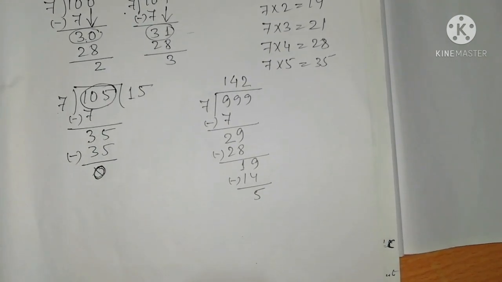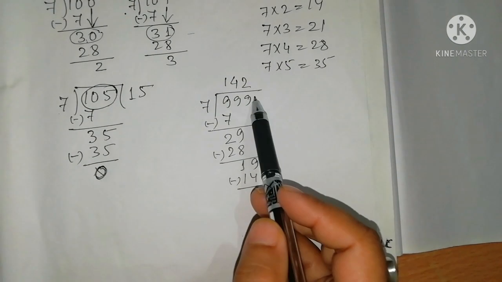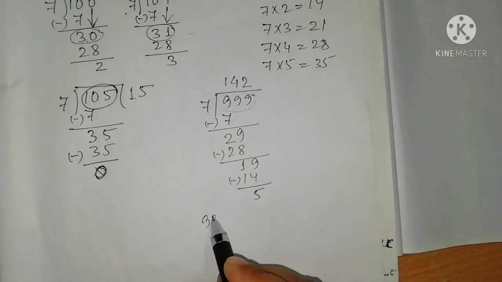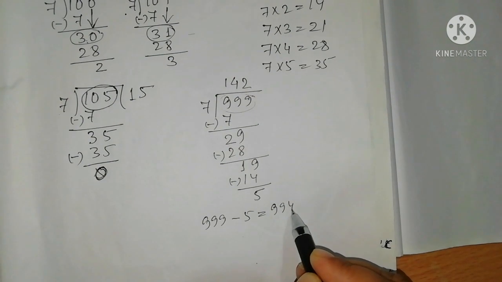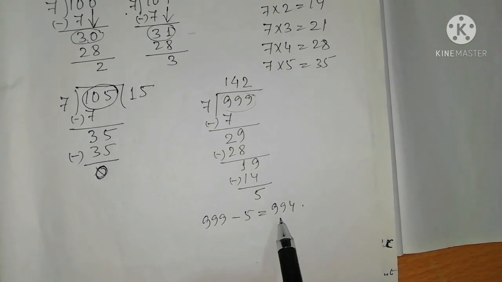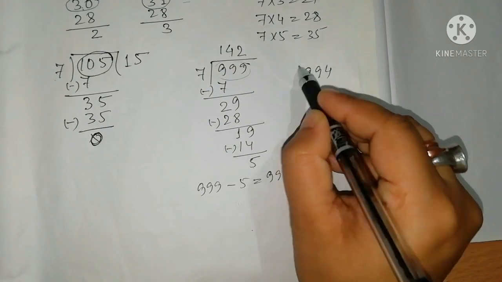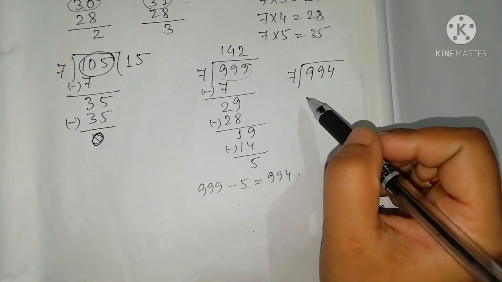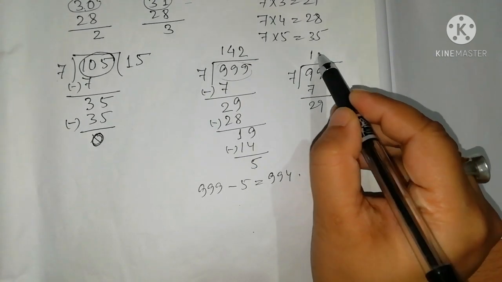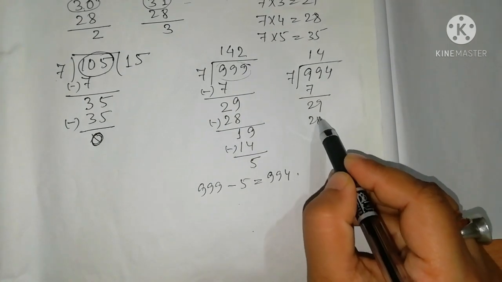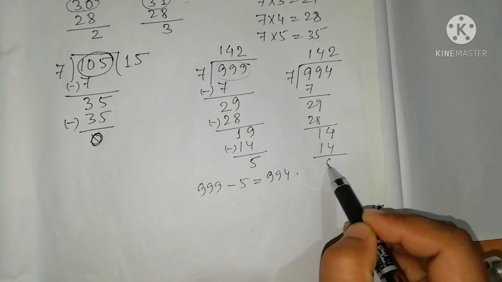So to find out the last three-digit number, what we will do? I'll subtract this 5 from this dividend. That means 999 minus 5, which will be 994. So let us see 994 is completely divisible or not. 7 1s are 7, 29. 7 4s are 28, 14. 7 2s are 14.